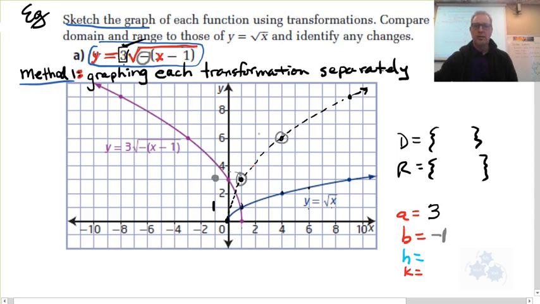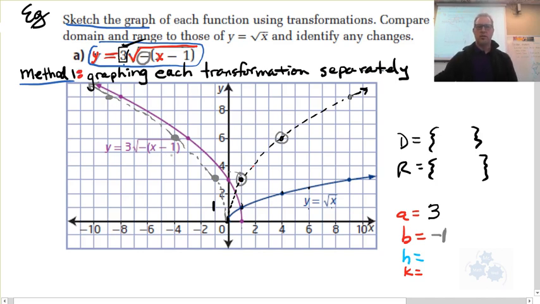This point goes over here. This point, which is 9 units to the right, is actually over here 9 units to the left. So this graph after the second transformation looks kind of like this. Something like that.